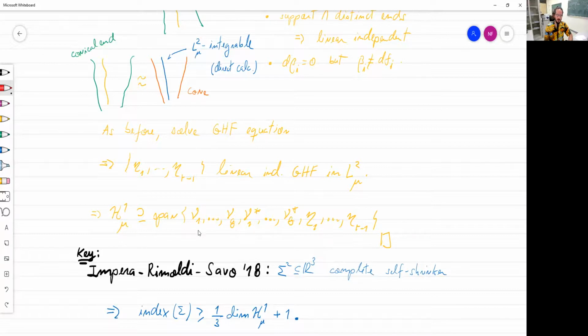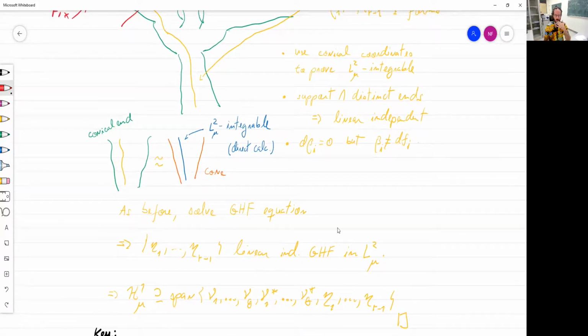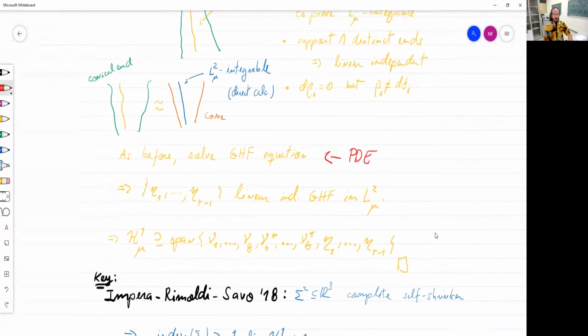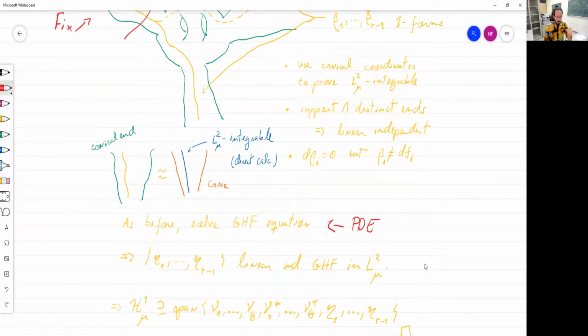So you get 2G plus R minus 1 linearly independent Gaussian harmonic one forms. So the dimension is at least 2G plus R minus 1. This is how you get the Gaussian harmonic one forms. This step is just PDE. The geometry is all contained in this picture. All right, so this is how you get a certain number of Gaussian harmonic forms.